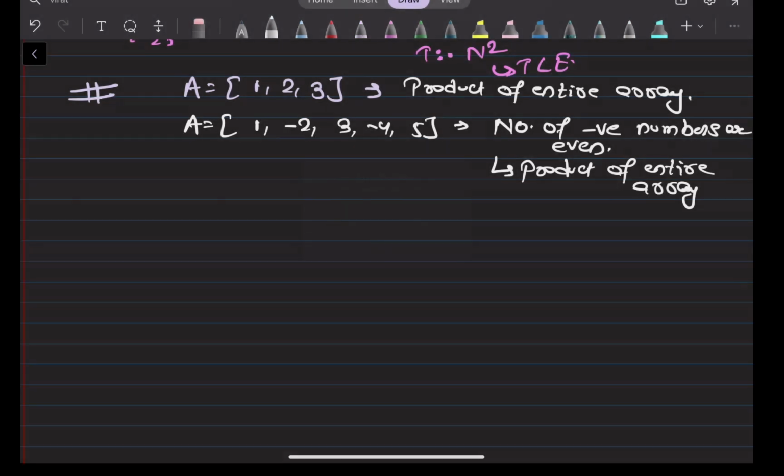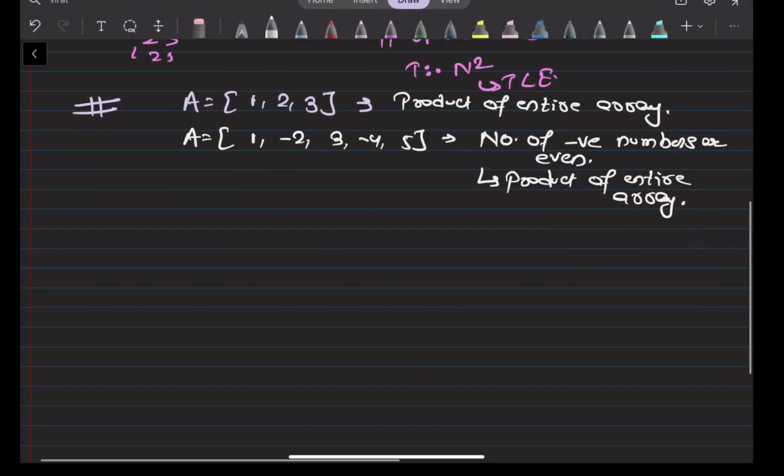So in this case we don't have any problem. When everything is positive or the number of negative numbers is even, the answer will be the product of the entire array. But the problem will occur when there are an odd number of negative numbers.